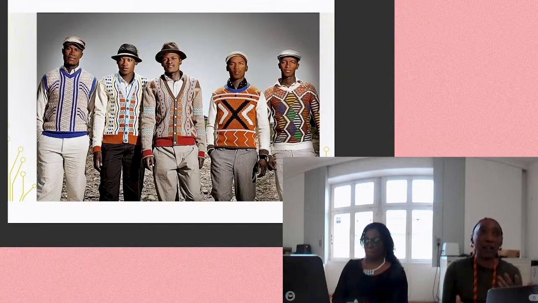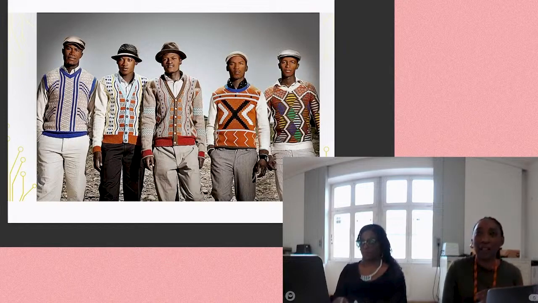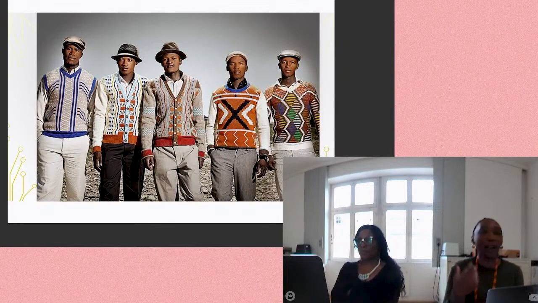So he looked at the beading that Xhosa men would wear after the initiation program, and the blankets that they would also wear after the initiation program, and he translated it into fashion. So he decided maybe it's a bit too clumsy to walk around with your initiation blanket.